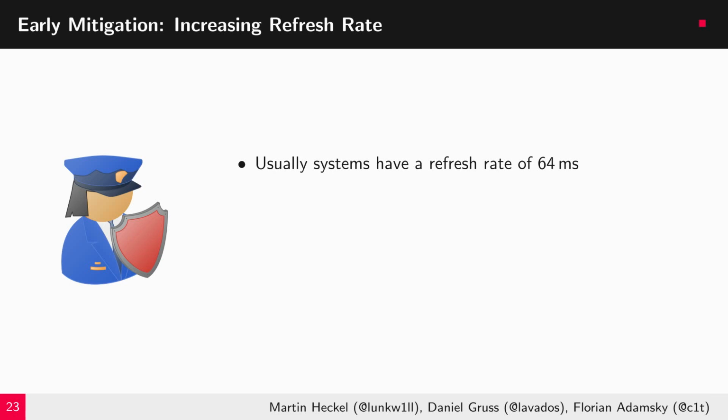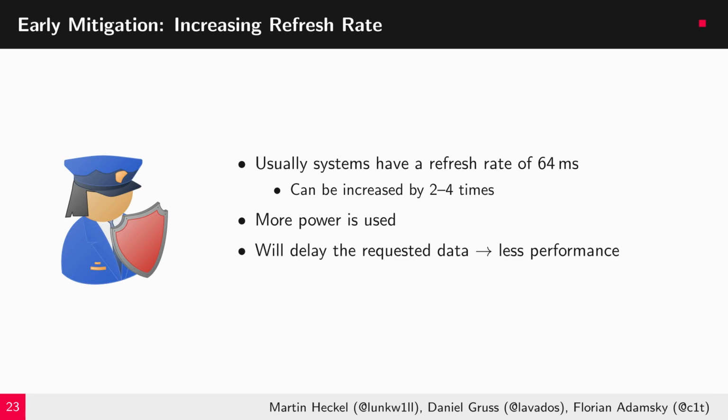As you remember, we have the usual refresh rate of 64 milliseconds, and this can be increased by 2 or 3 times. So that's what the BIOS companies actually did. But come on, there's a reason why they selected 64 milliseconds. So of course you can tweak this parameter, but then you need more power and your performance decreases. So that's maybe not that good an idea.